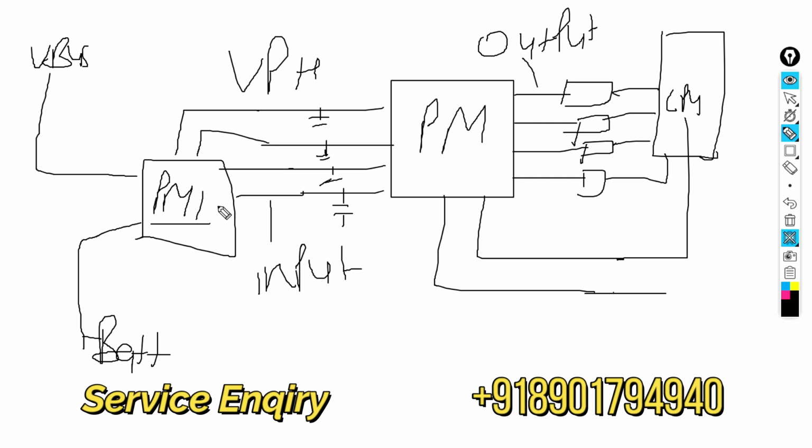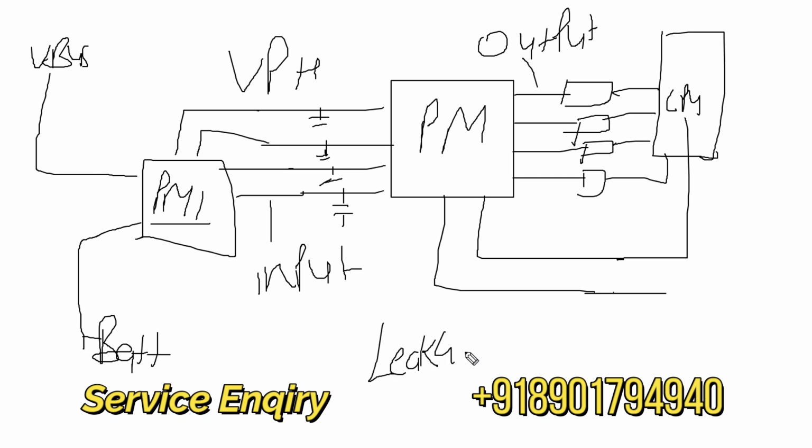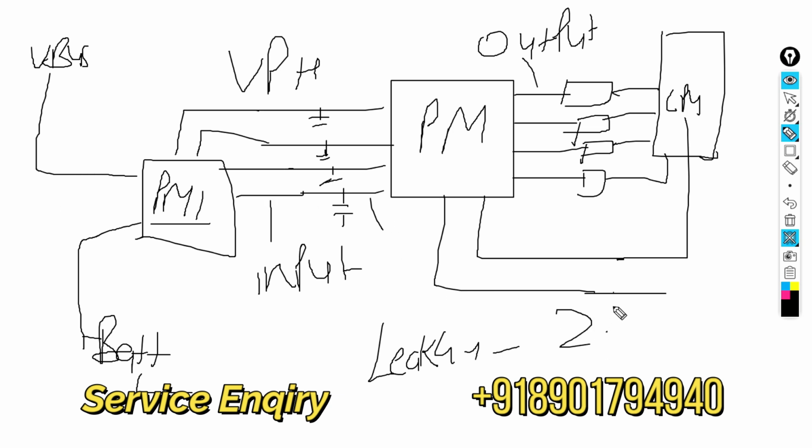Now in this case we get a leakage on the output on VPH, and also on VBAT. Now there is a leakage. What happened here? Now we get 2.1 volts on VPH, but we need a minimum of 3 volts.